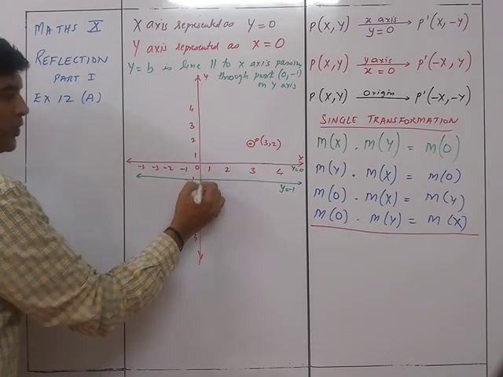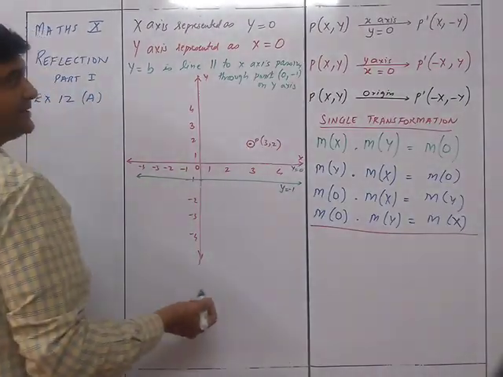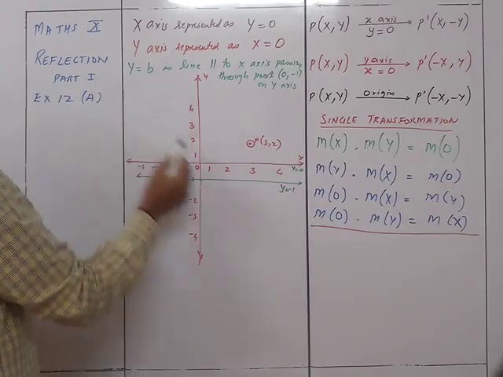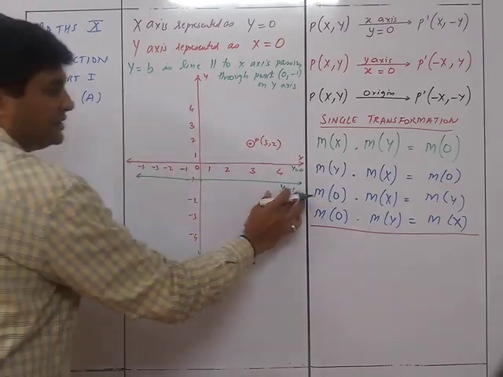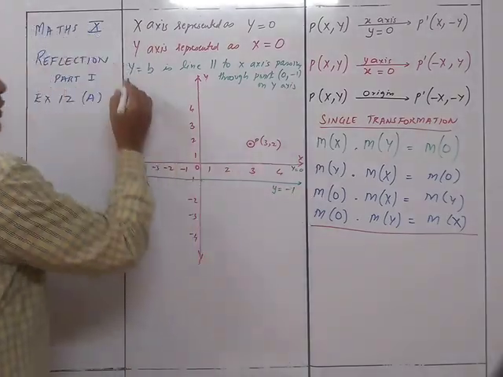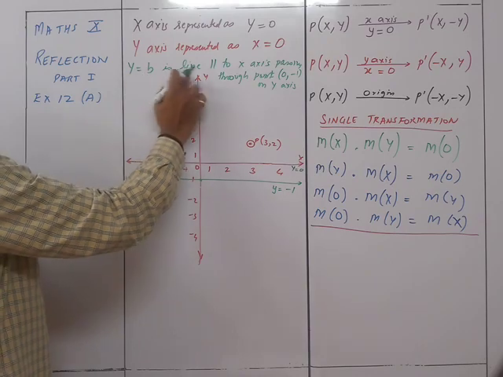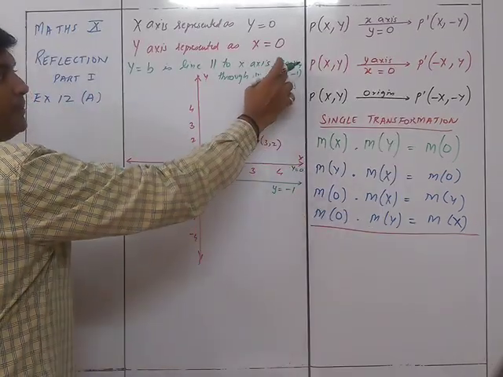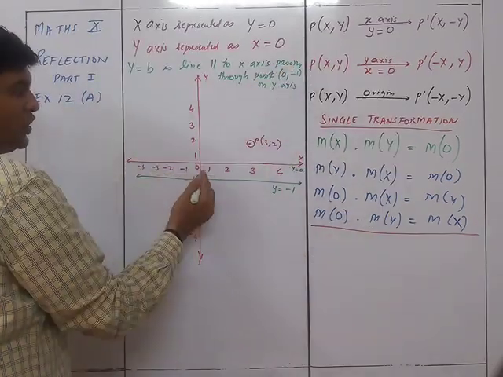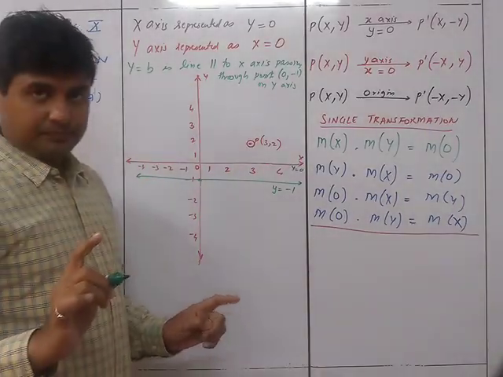It is passing through this point 0 comma minus 1 parallel to the x-axis. So y equals b, and y equals minus 1 in this case. Over here, b is equal to minus 1. So y equals b is a line parallel to the x-axis passing through the point 0 comma minus 1, that is this particular line on the y-axis.